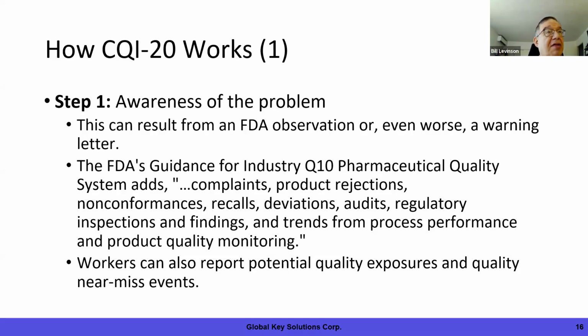The FDA's guidance for industry adds complaints. Remember, I mentioned complaints should result in corrective and preventive action, and these other things that are listed here, product rejections, audits, can include internal audits, by the way, and the other things listed.